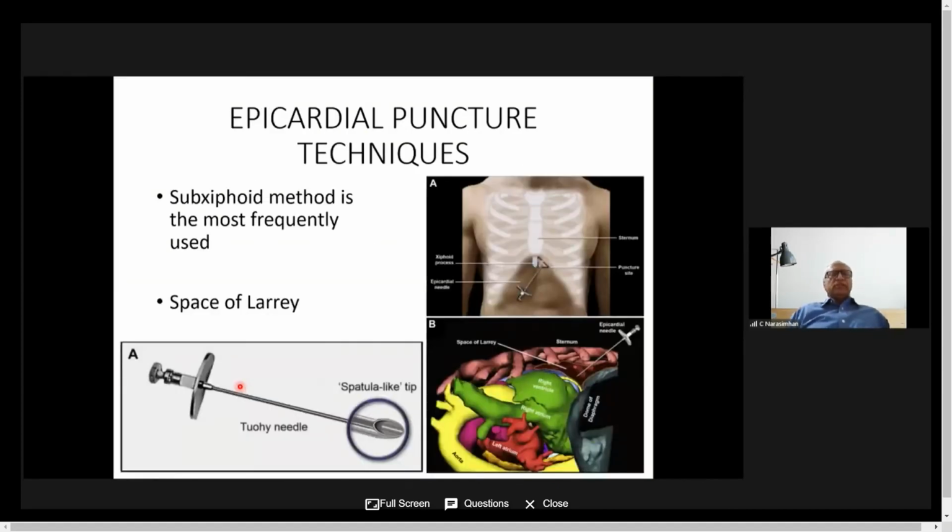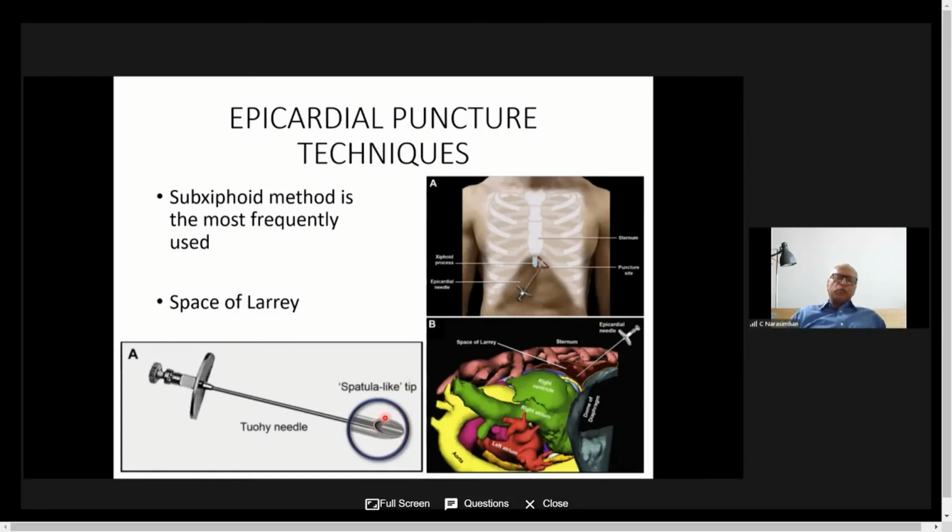The subxiphoid method is the most commonly used, and even though people have used micropuncture, I would strongly recommend using the 2E needle which the anesthetists use, because it has a bevel and you are unlikely to cause injury to the cardiac structures because the hole is facing upward. The guide wire will come out depending on how you position this bevel.